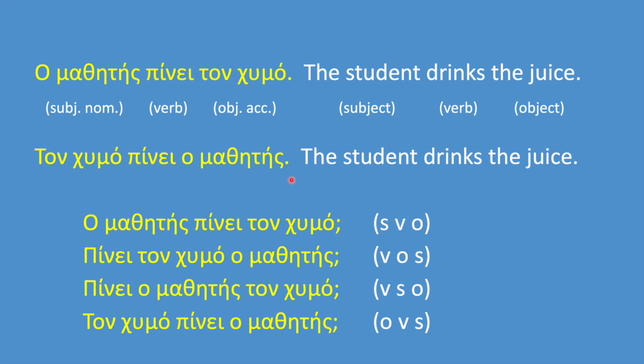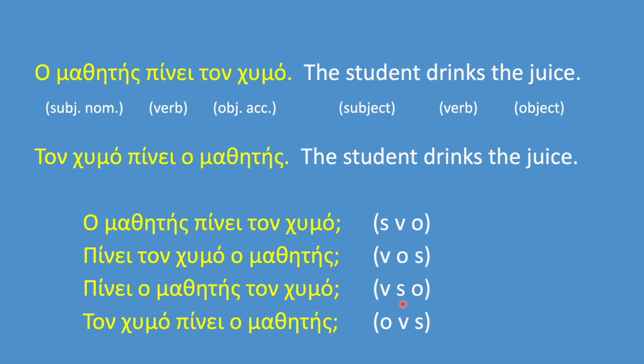The same with questions. Ο μαθητής πίνει τον χυμό. We have subject, verb, object. Πίνει τον χυμό ο μαθητής. Verb, object, subject. Πίνει ο μαθητής τον χυμό.